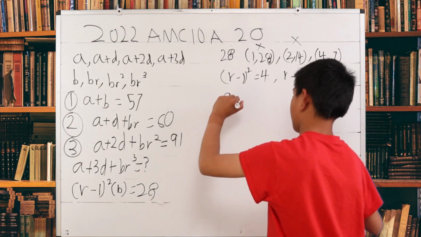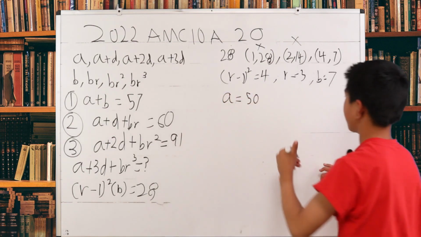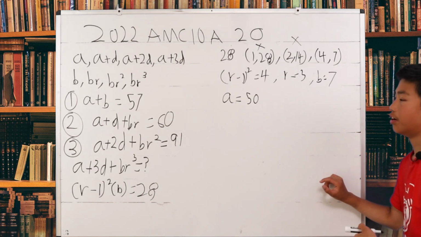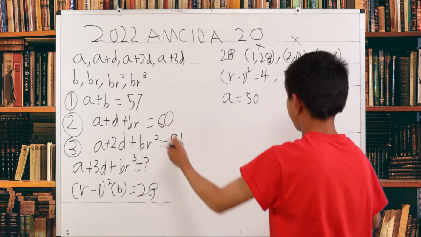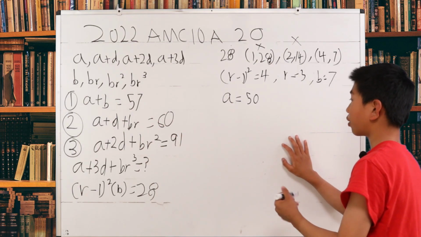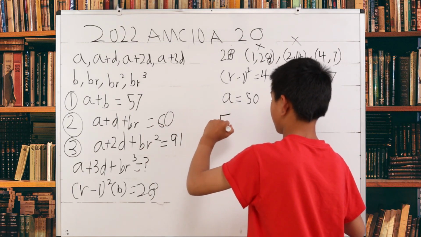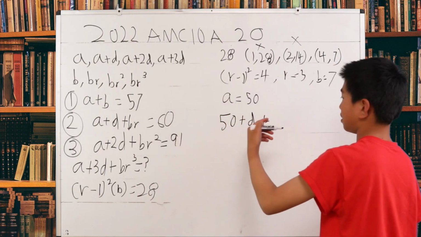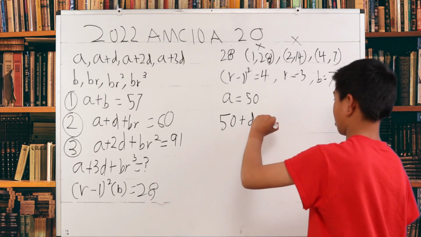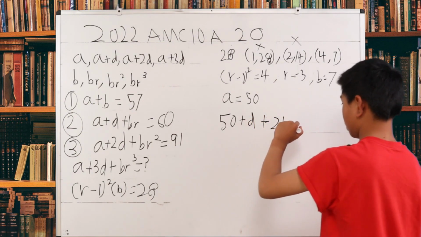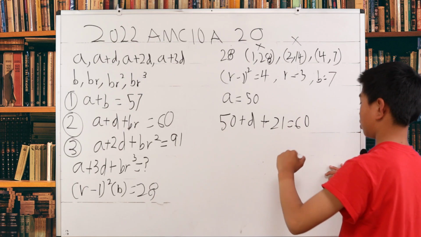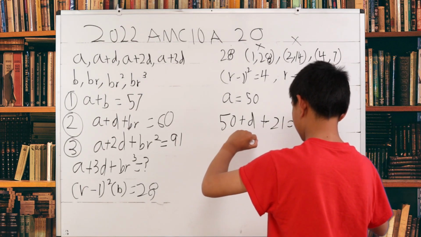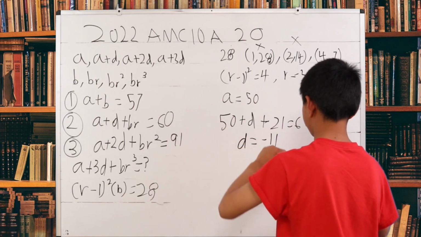So A is 50. Now we have our 3 values, 50, 3, and 7, or A, B, and R. So we plug it in here to find D and see if it's correct. A is now 50 plus D, that's still our unknown, plus B times R, 7 times 3, 21, is equal to 60. So after some adding and subtracting, you get that D is equal to negative 11.